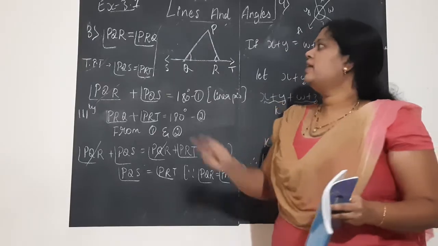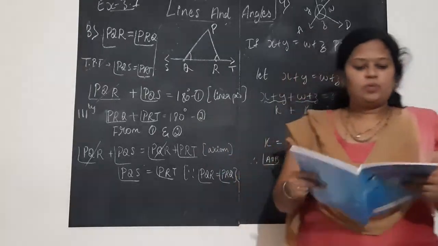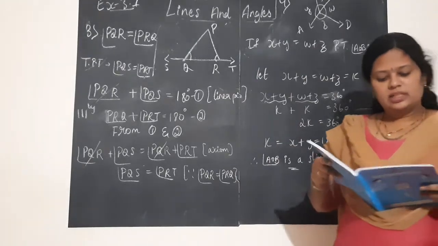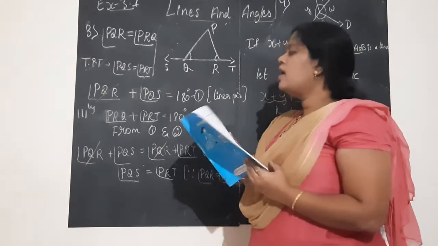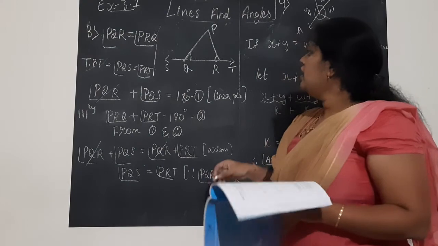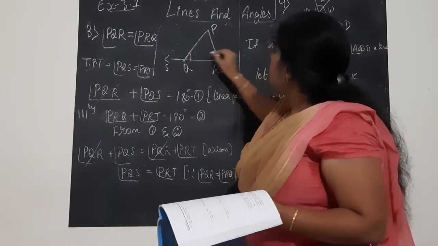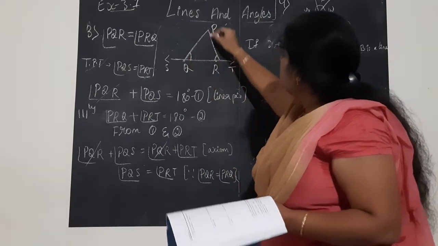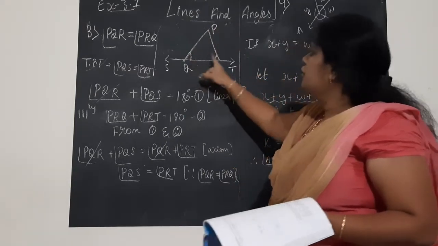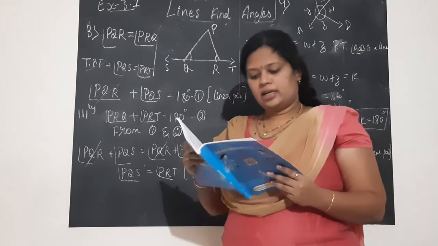So children, next we have the third problem of exercise 3.1. The question is, in the figure, angle PQR is equal to angle PRQ. So angle PQR, this angle, is equal to angle PRQ. Angle Q and angle R are equal.